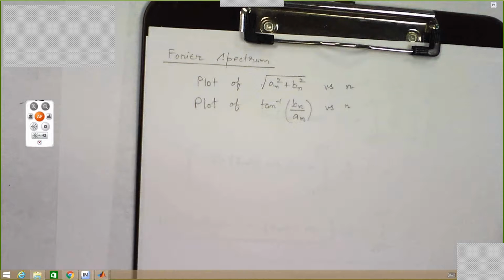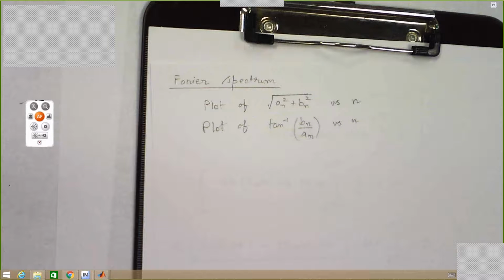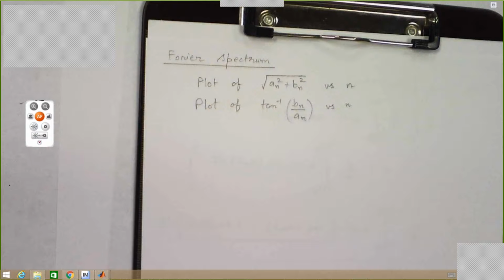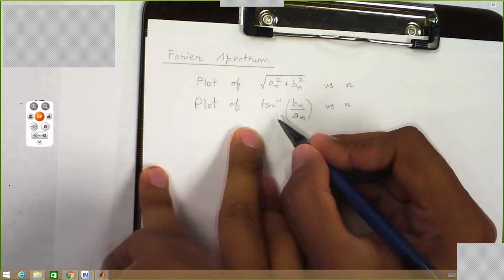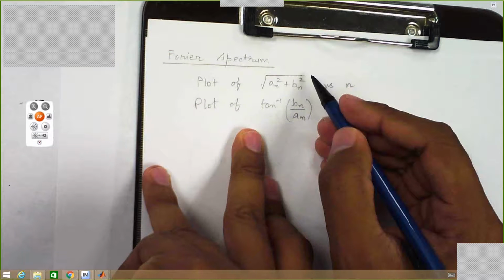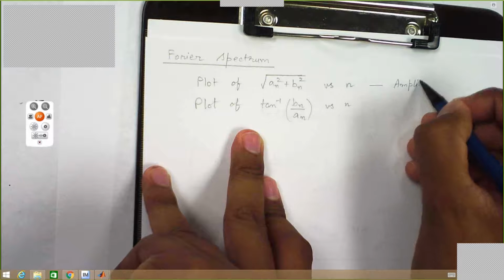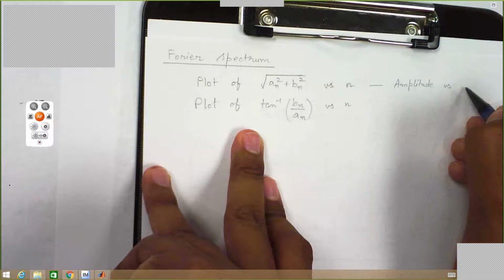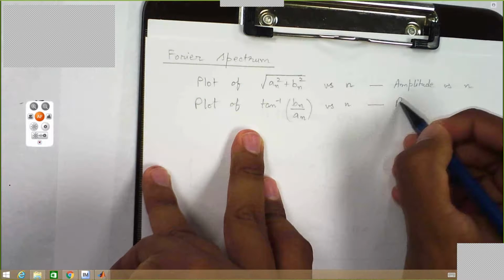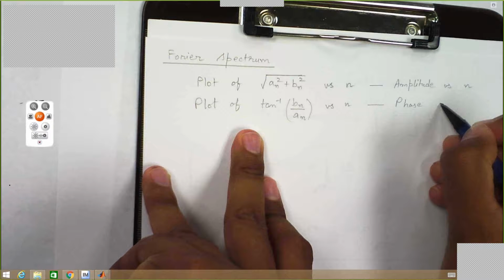Basically we want to calculate the phase. This quantity is called the phase, and the top quantity is called the amplitude. So this is amplitude versus n, and this is phase versus n.